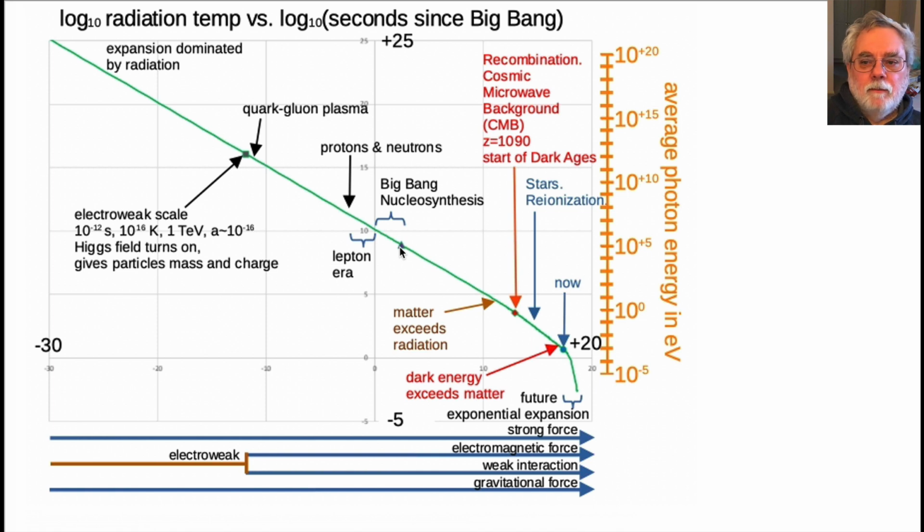At the end of Big Bang nucleosynthesis, the ordinary matter mass fraction of hydrogen-1 (single protons) is 76% and helium-4 is 24%.